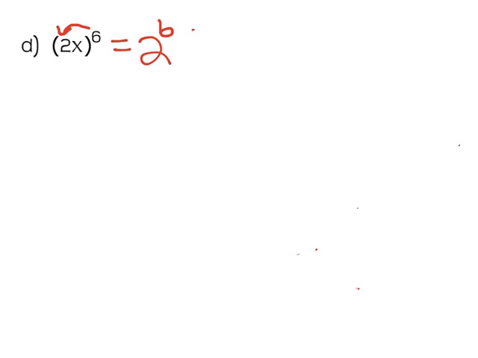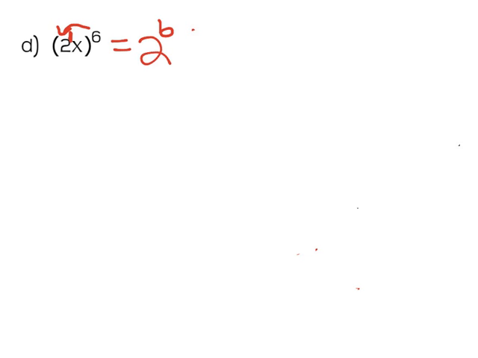Now, there's actually a 1 coefficient there, and sometimes we think we need to add those because of what we've done on the previous problems. But since this exponent is outside of the parentheses and being distributed, we're actually going to multiply the 6 times the 1, and that's how we ended up with 2 to the 6th power.